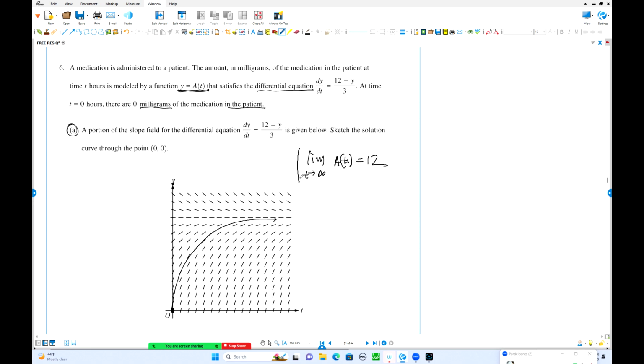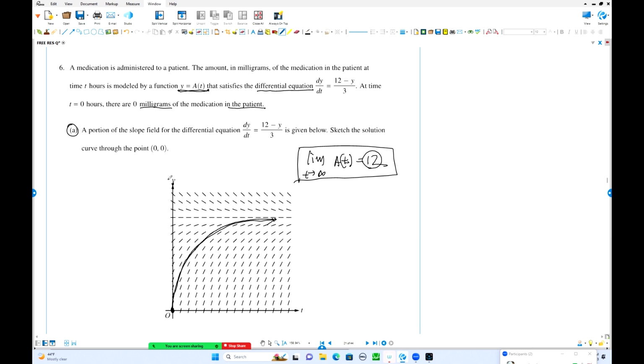What does that mean? Follow this graph. When t goes to infinity, the amount approaches 12, the amount of medication.